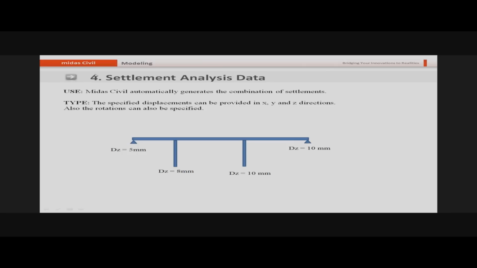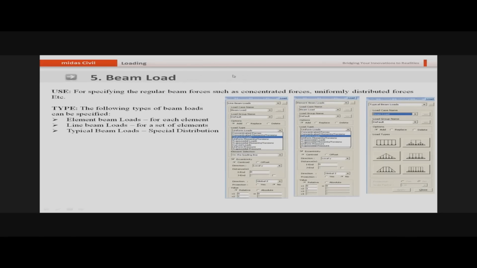So this settlement analysis data will automatically combine the different settlements for different nodes to give you the maximum stress due to settlement. You can specify the beam load as the element beam load or the line beam load, or you can have the special distribution for the element beam load in this format.